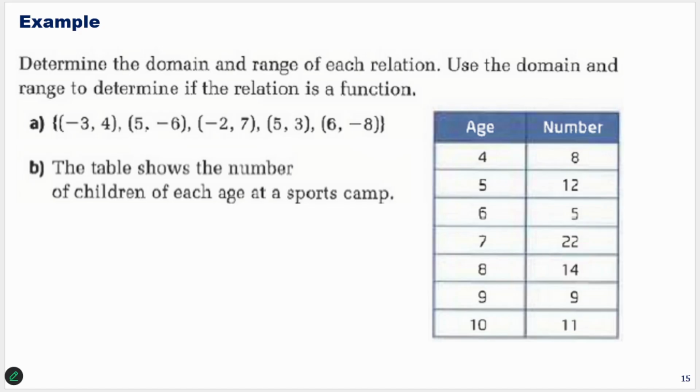Use domain and range to determine if the relation is a function. The table is for number 2. Number 1 is just some ordered pairs, which is also a relation, right? I'll give you 2 minutes. When you finish, you can let me know, and you can compare your result with mine.